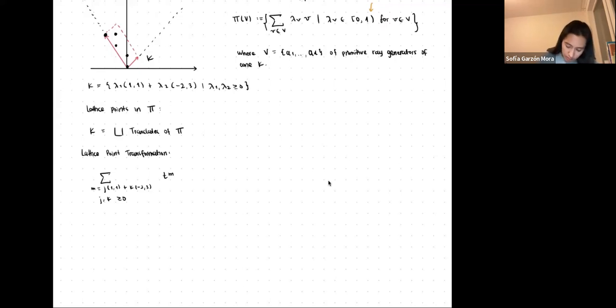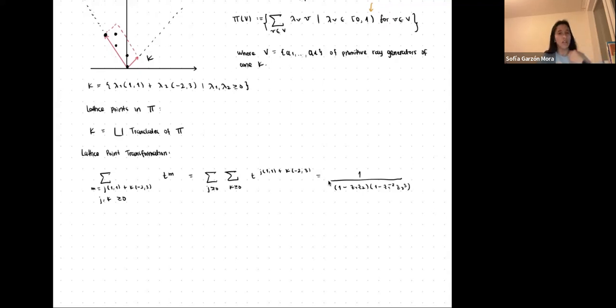And I can split this into a sum over J and a sum over K of something very long here in the exponent, but it's just basically taking away that M I start with. And this I can write as, again, a rational function, just using geometric series. What I'm doing is basically separating this into 2 sums.